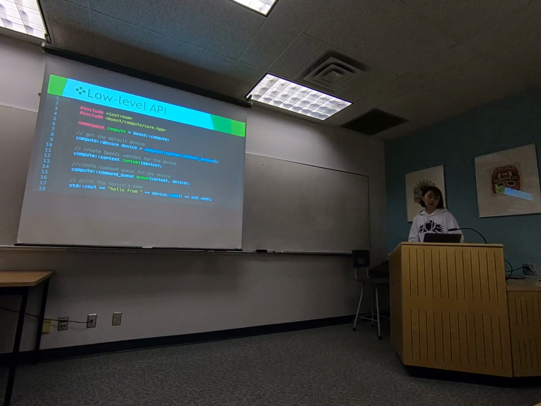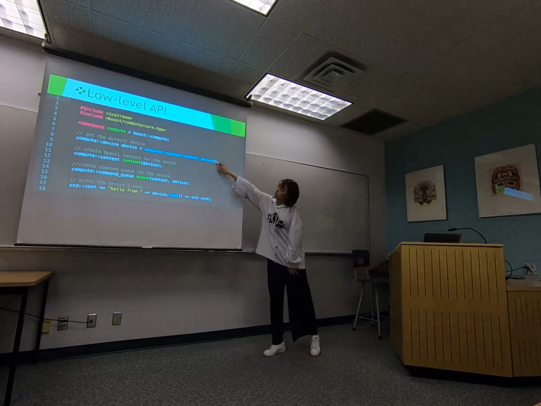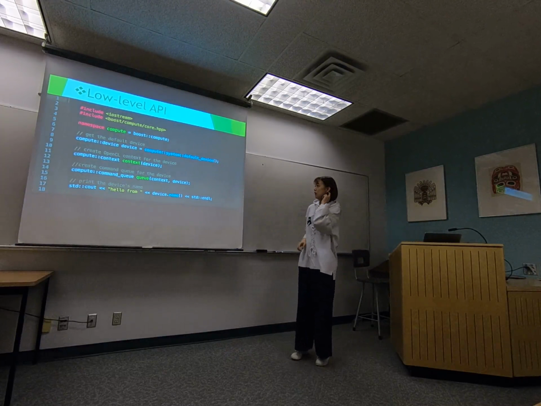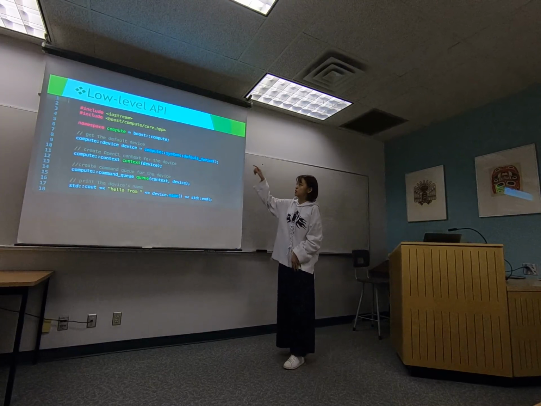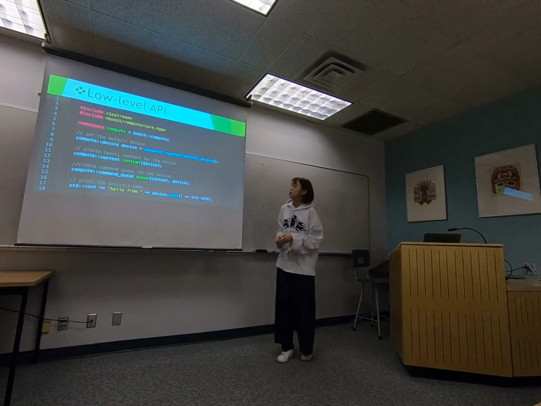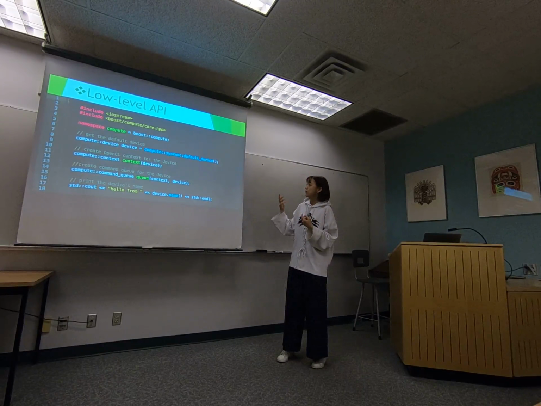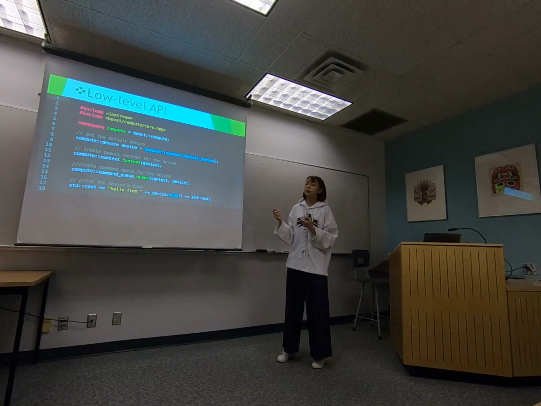The first line of code here is to get the default device. This command uses the boost compute default device function to look up the default device we want to choose on the system.